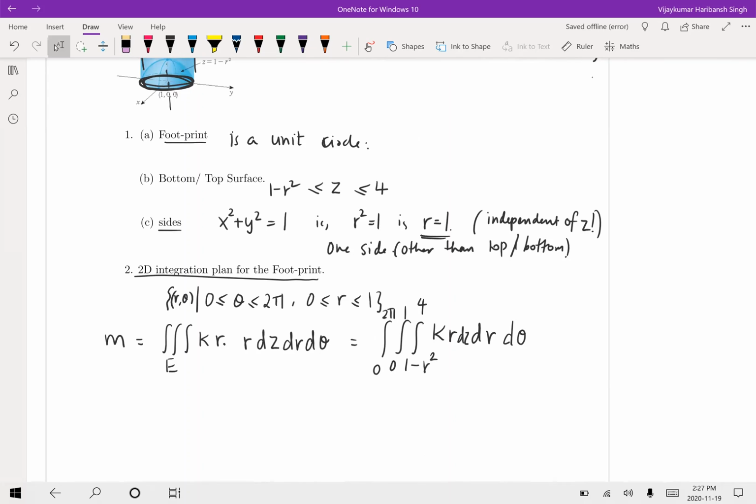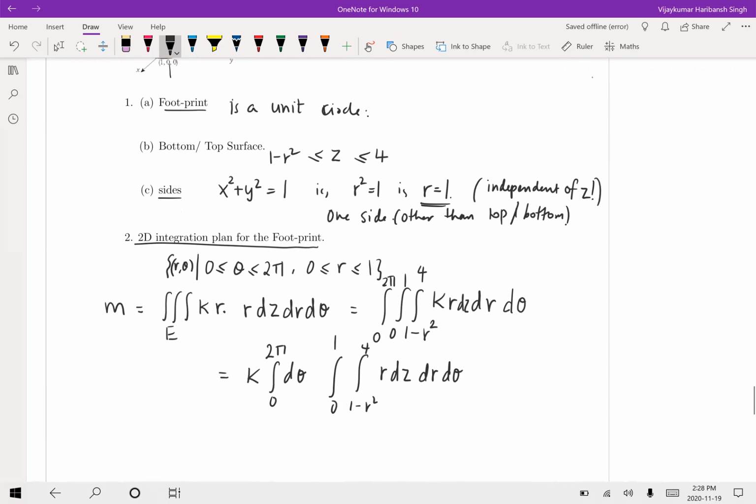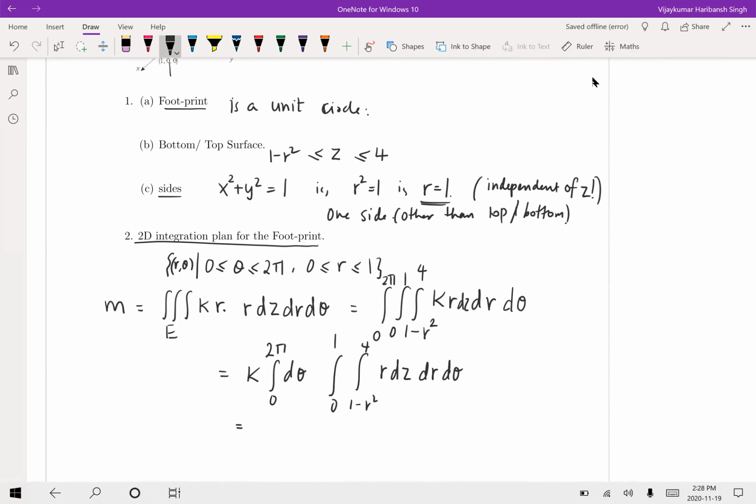Once you do this computation, you can see that this is k, the integral from 0 to 2 pi of d theta, times the integral from 0 to 1, of the integral from 1 minus r squared to 4 of r dz dr. When you simplify this, you get k times 2 pi, the integral from 0 to 1, where the integral of dz is z.